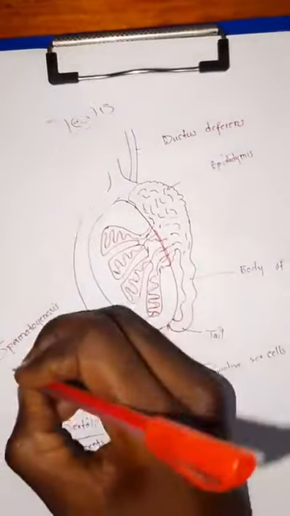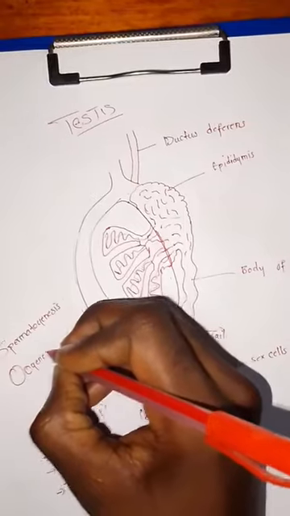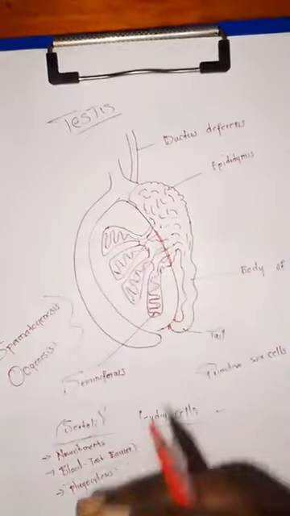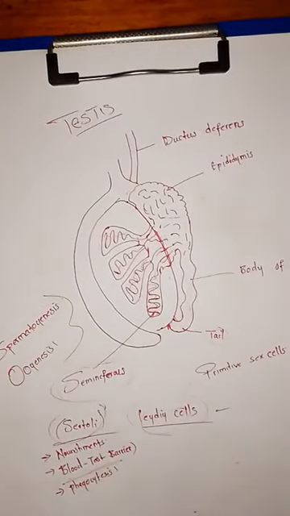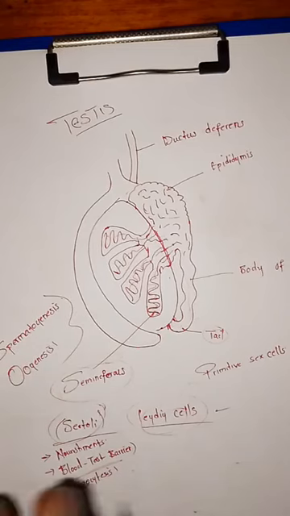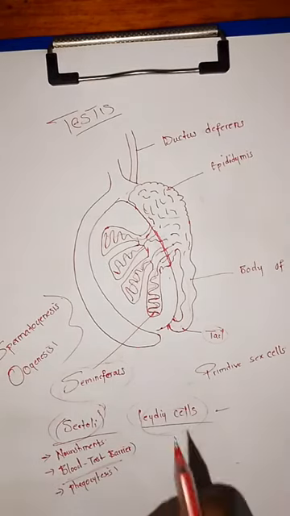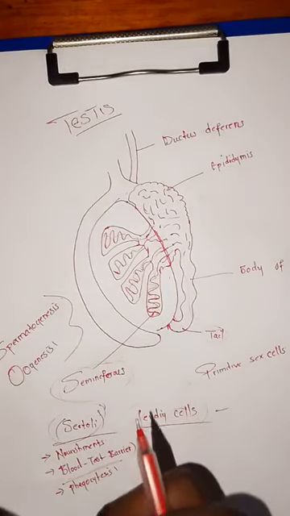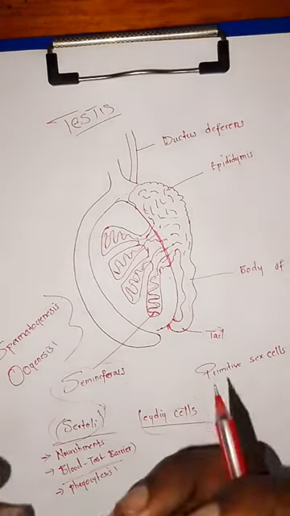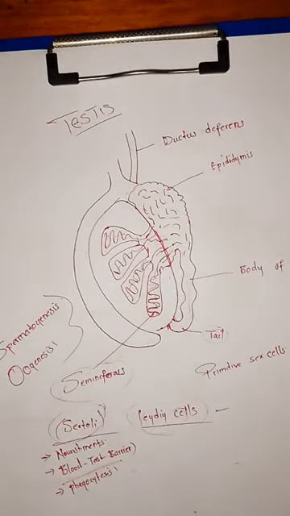Then you are also going to have oogenesis. This whole thing, spermatogenesis and oogenesis, falls under the whole concept of gametogenesis, because it is just separated by the fact that you are looking at two different sexes, as you have seen. So let us now dig deep into spermatogenesis.